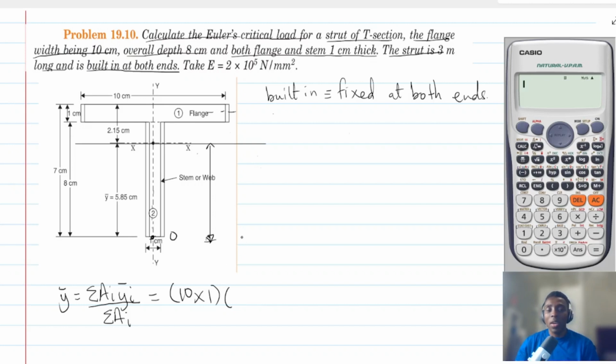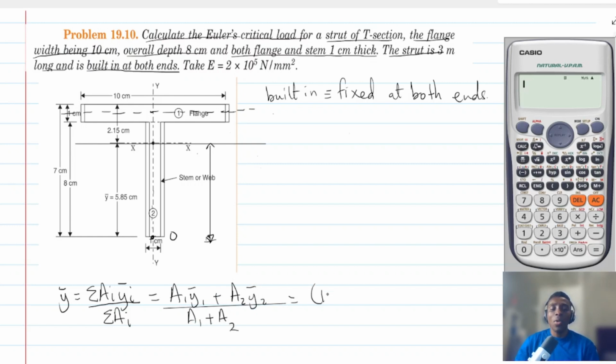But what is the y bar? When we say the y bar, we are talking about the distance from the origin, which is down here, all the way to halfway of the flange. So let me write it this way: A1 y bar 1 plus A2 y bar 2, divided by A1 plus A2.